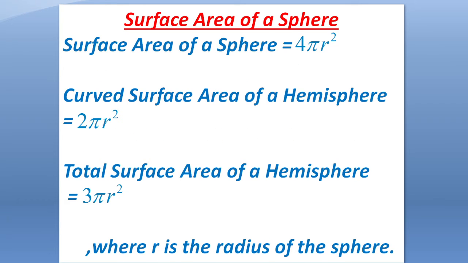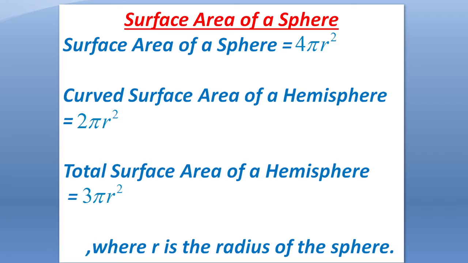Now surface area of a sphere. Surface area of a sphere is equal to 4 pi r square. Curved surface area of a hemisphere is half of the total surface area of a sphere, that means it is equal to 2 pi r square.